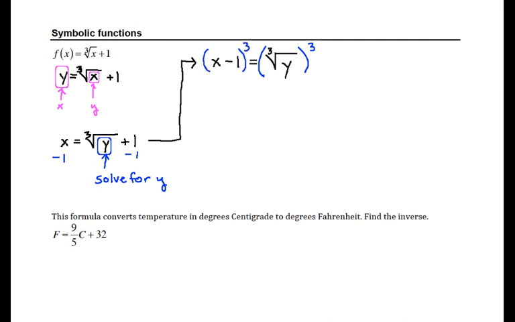So when I raise both sides to the power 3, I end up with x minus 1 quantity cubed is equal to y. Now that I have this solved for y, I would write it as a function. My y is now f inverse of x. And my formula for calculating the inverse comes from the other side.